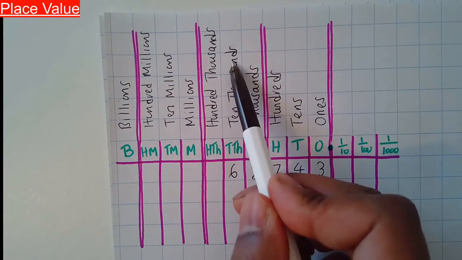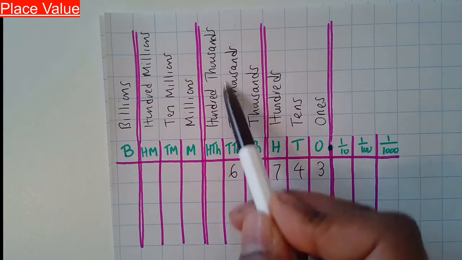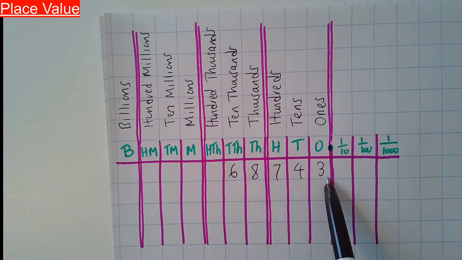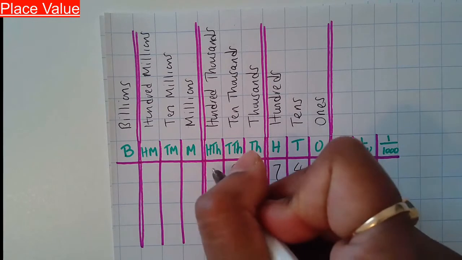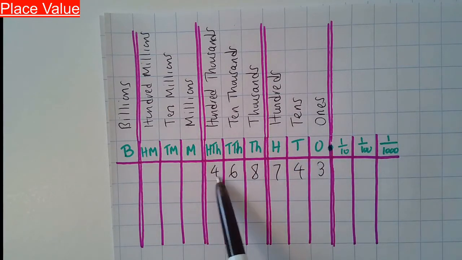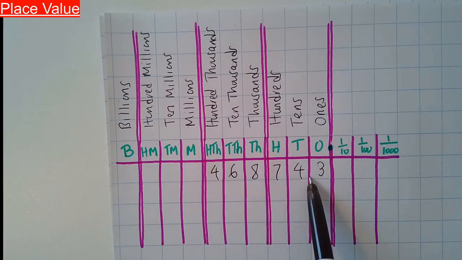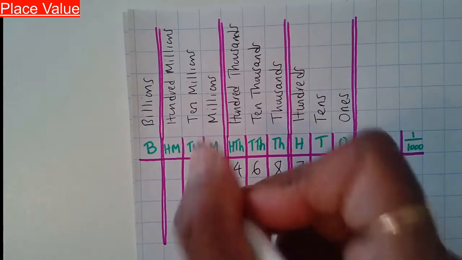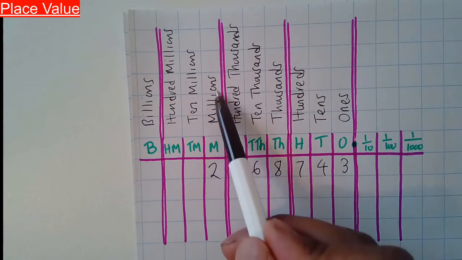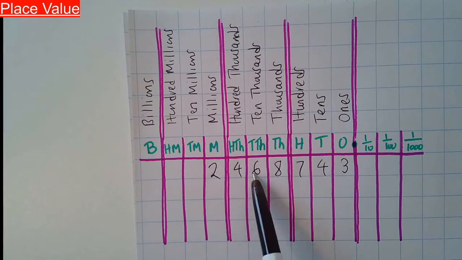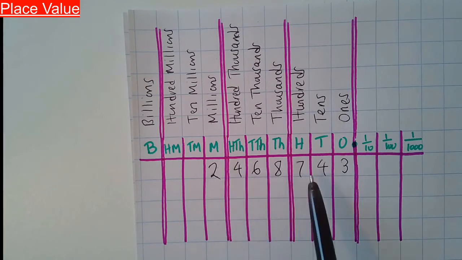We've got the 10,000s column now, so you've got 6 lots of 10,000s, so that's 68,743. That'll be 468,743. Now we're in the millions column. We've got 2 lots of millions, so we've got 2,468,743.